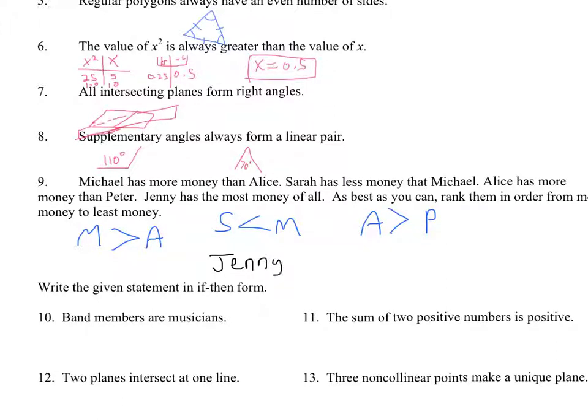Because it clearly says she has the most of all. Let's look at our other statements here. Michael has more than Alice. Michael also has more than Sarah. And Alice has more than Peter. So if Alice has more than Peter and Michael has more than Alice, Michael's going to come next.